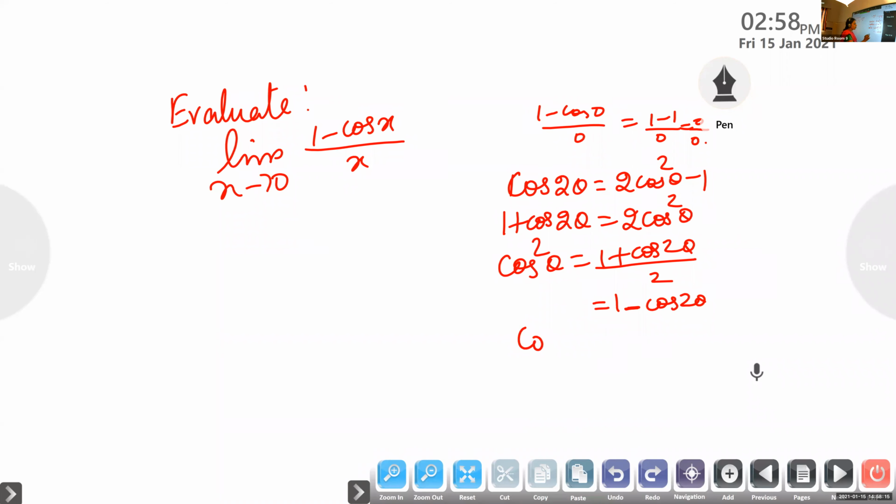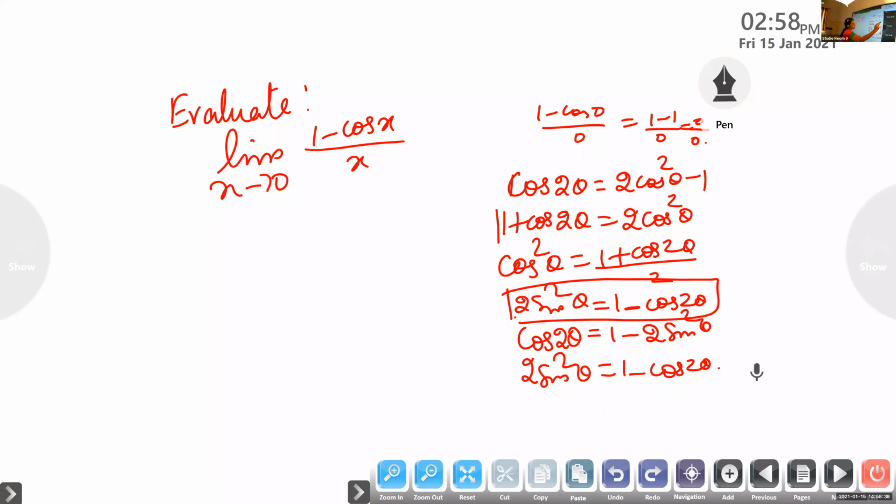What is cos 2 theta in terms of sine? It is 1 minus 2 sine square theta. So if I bring it here, 2 sine square theta is 1 minus cos 2 theta. So 1 minus cos 2 theta is 2 sine square theta, and 1 plus cos 2 theta is 2 cos square theta. These two formulas are very important.